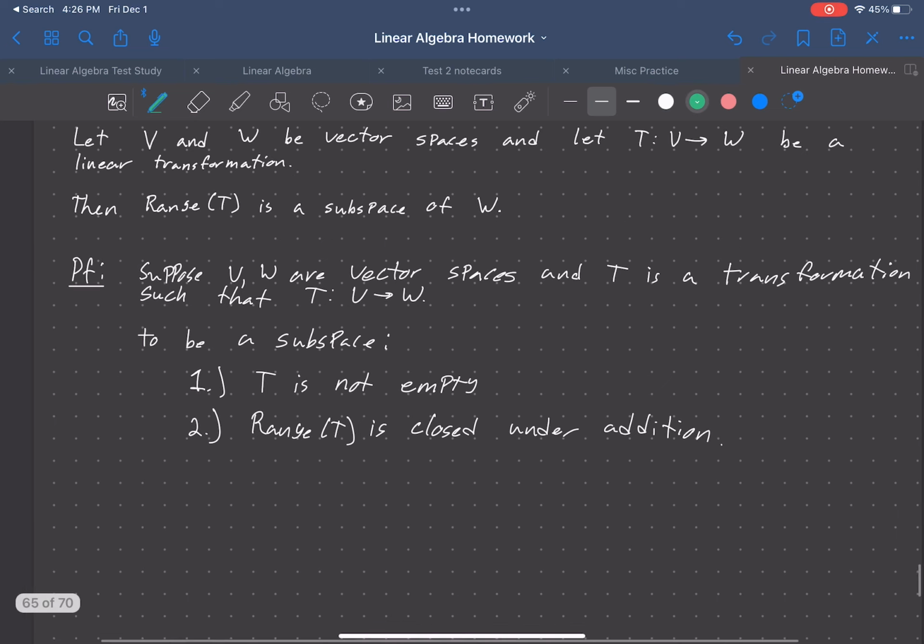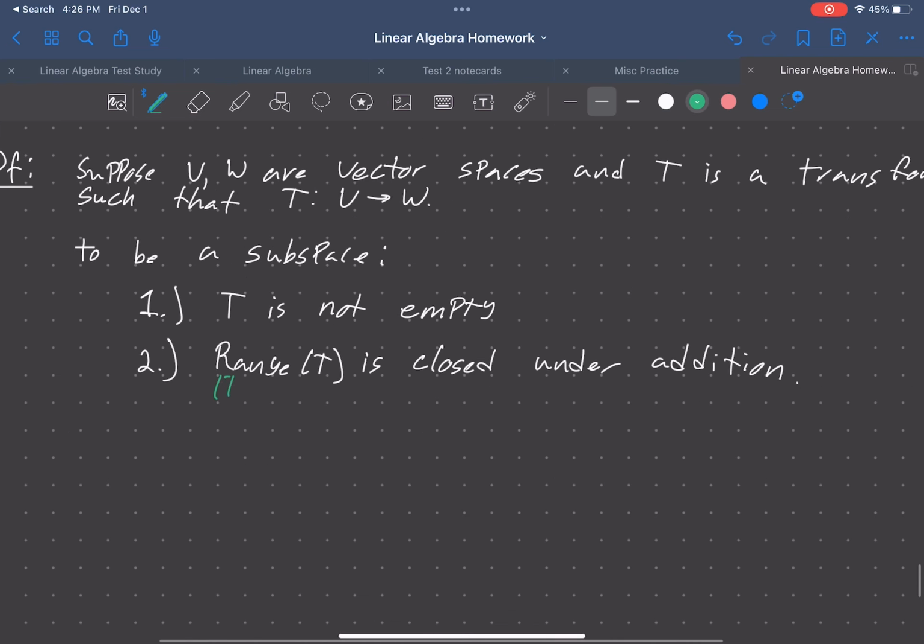And this basically means that if x and y are elements of the range of T, then the transformation of x plus y is an element of the range of T.